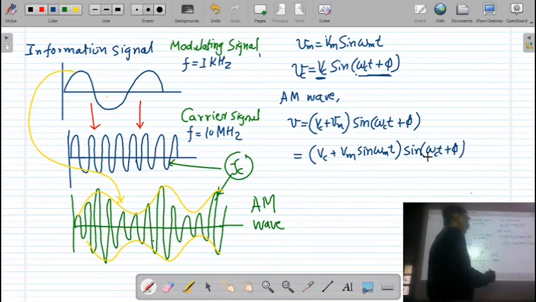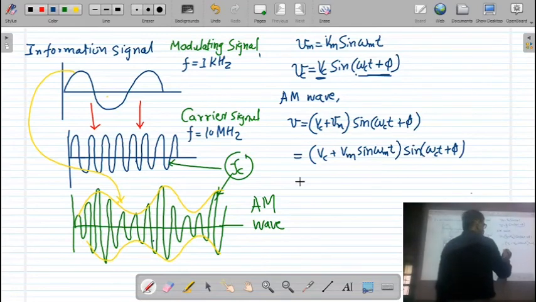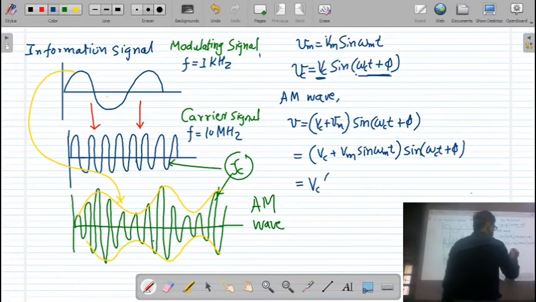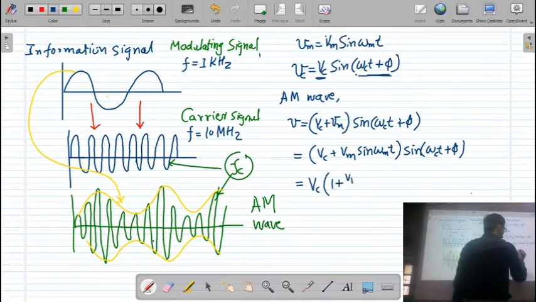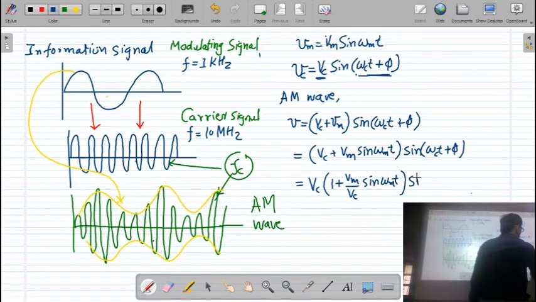Now in this expression we can take Vc common. So this is written as Vc into 1 plus Vm by Vc sine omega mt, into sine omega ct.